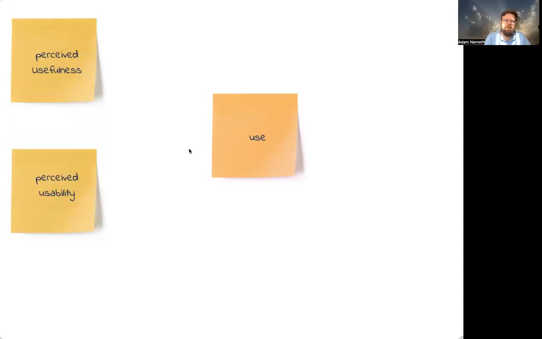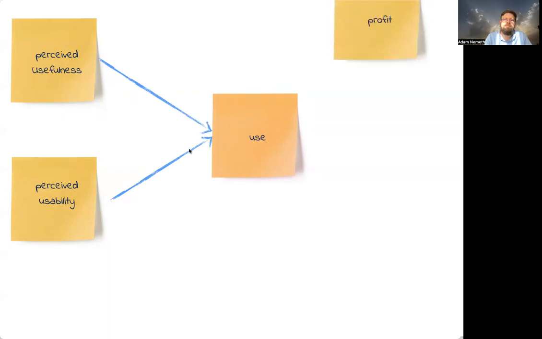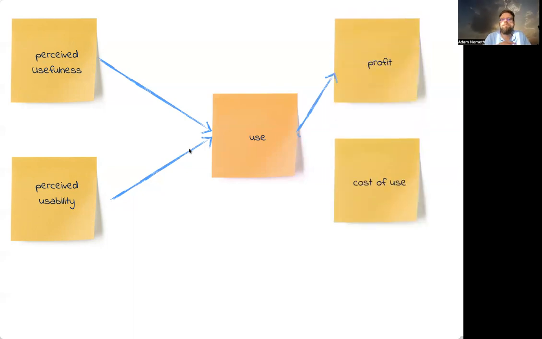And you also have perceived usability: how much effort it needs for you to actually get what you want from this thing. And when you see that it's good enough, then of course you will start to use the system. And after you start to use the system, you might profit from it. And of course, there will be the actual cost of use, which is again something connected to usability.